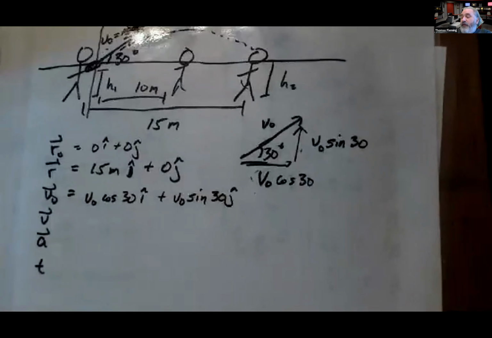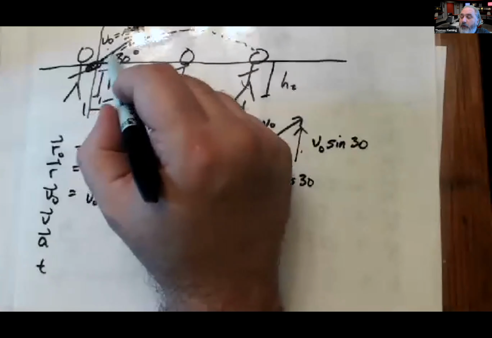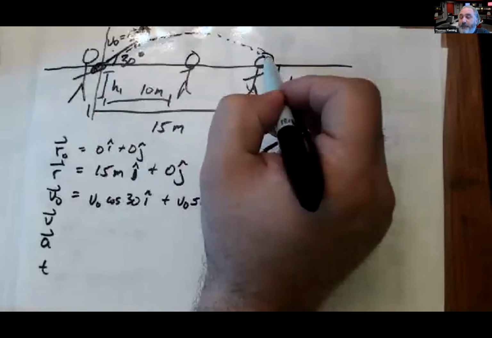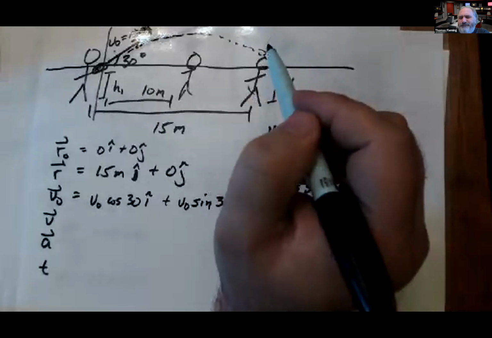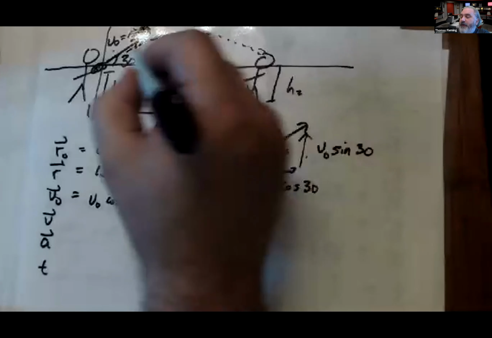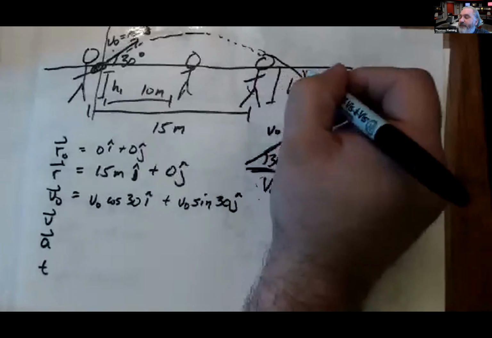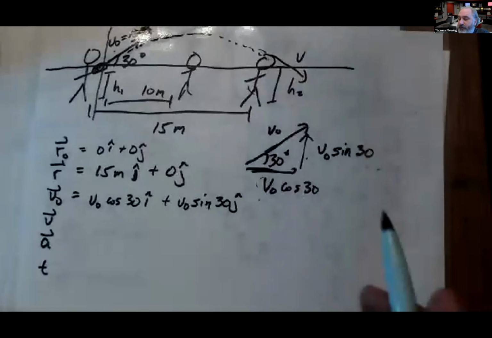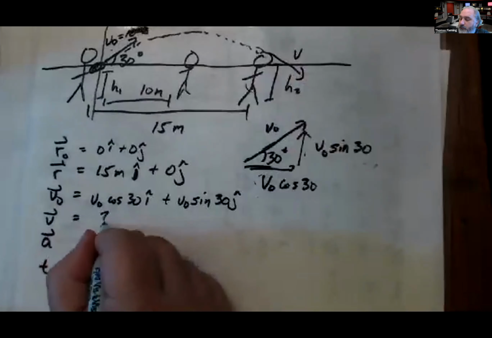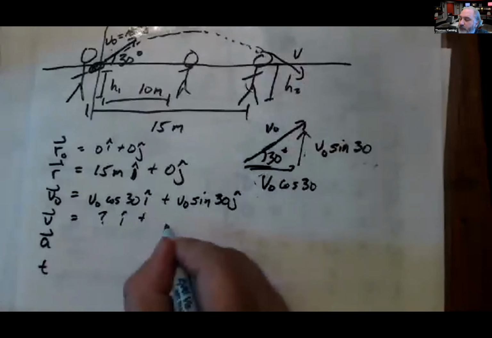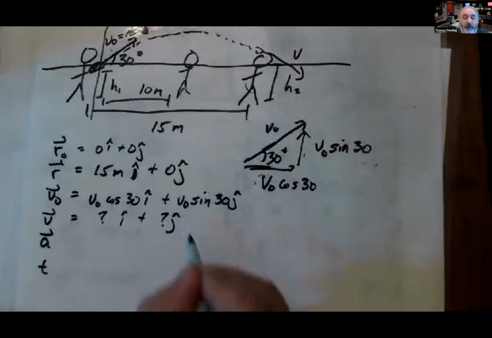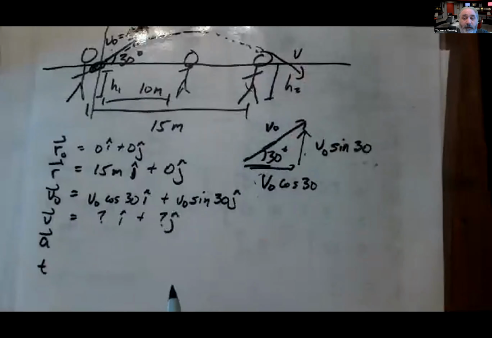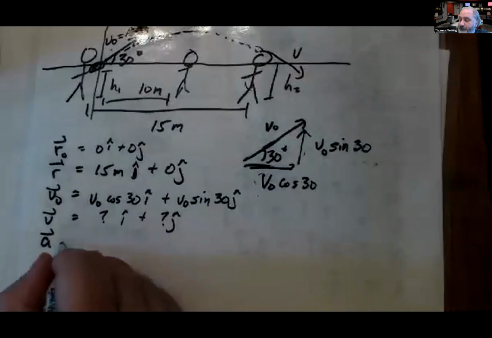Now, what about the final velocity? Do I know how fast this ball is traveling when the dude catches it? I don't, right? I figure it's probably going to be traveling down and to the right, but I really don't know the components. So both of these I'm going to leave blank. Conveniently, the football is being affected by gravity and nothing else.